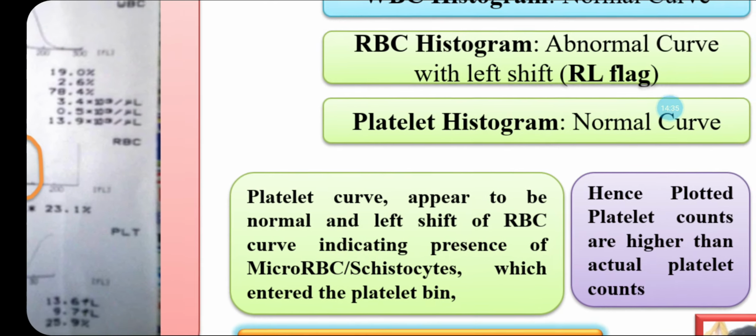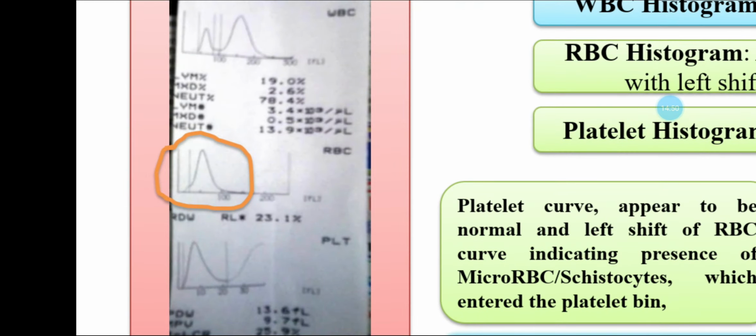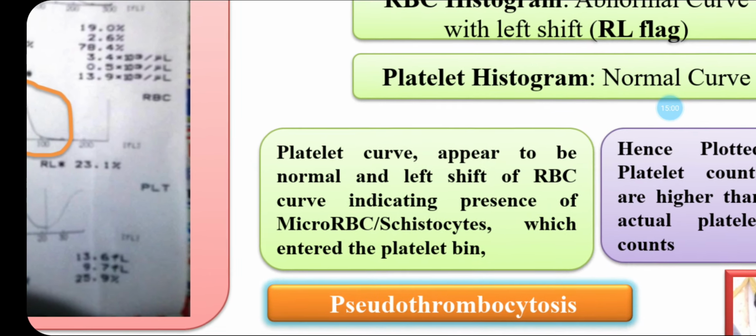These 5% of RBCs are causing the higher count, because this patient might have a count of around 4 to 5 lakhs, but because of the entry of these RBCs, as we can clearly see in the histogram, it is totally shifted toward the left, and a few of the RBCs are entering into the platelet bin, whereas the platelet histogram appears to be normal.